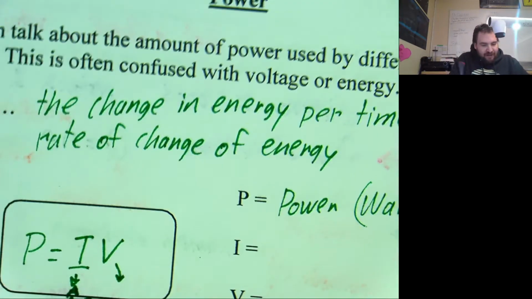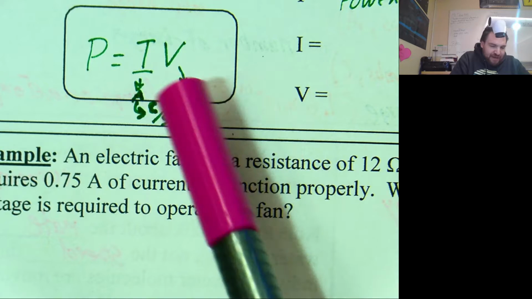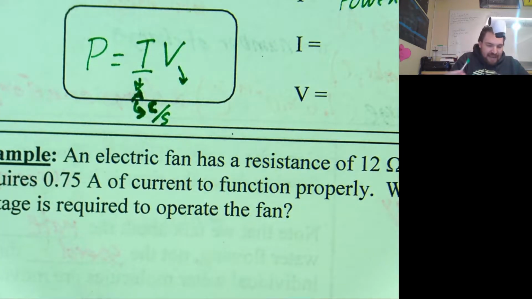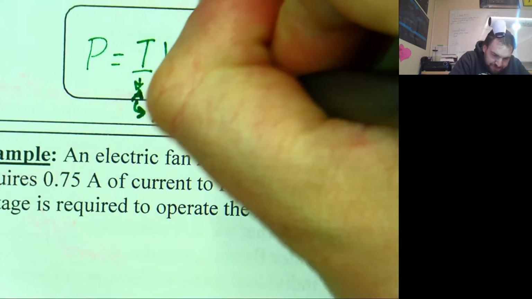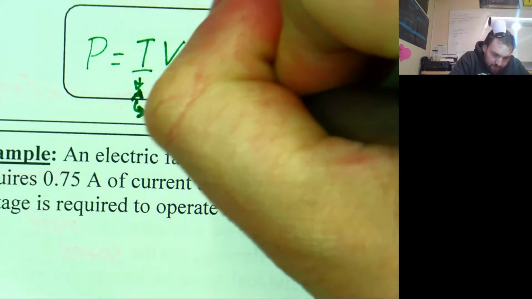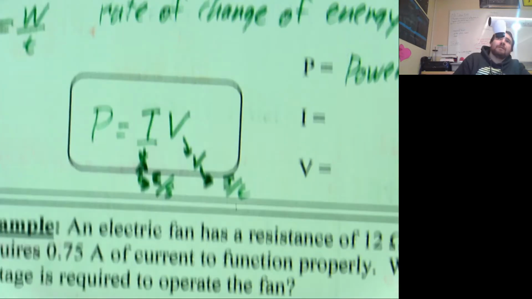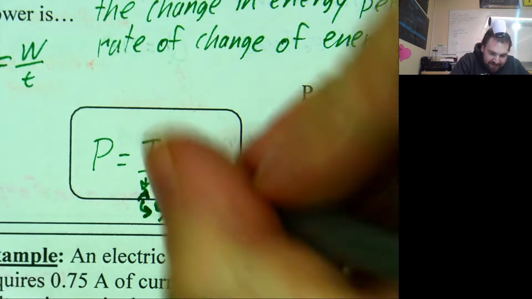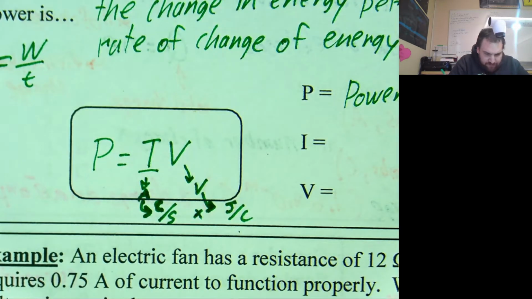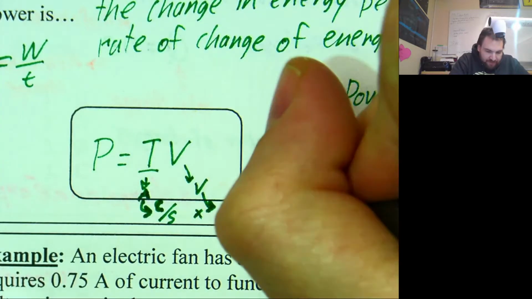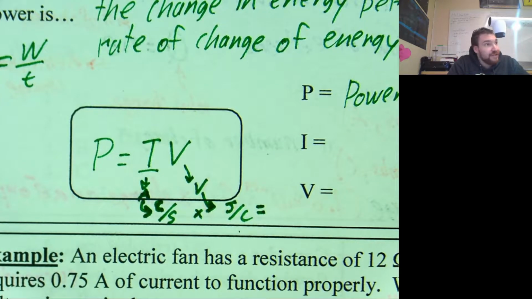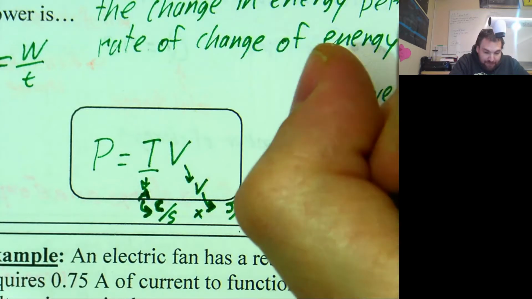So if we've got current measured in amps, which is also coulomb per second, and voltage, which is volts, which is also joules per coulomb, and I'm multiplying these two things together, what is a coulomb per second times a joule per coulomb going to give me? It's going to give you joules per second. My coulomb is going to cancel.